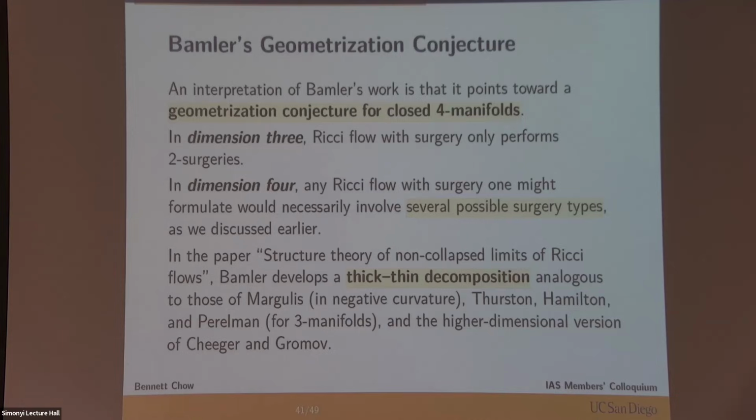So the picture at infinity will look like Einstein manifolds of negative scalar curvature and then collapsed pieces. And well, in 3D, the point is that collapsed pieces are graph manifolds and hence Seifert fibered manifolds.